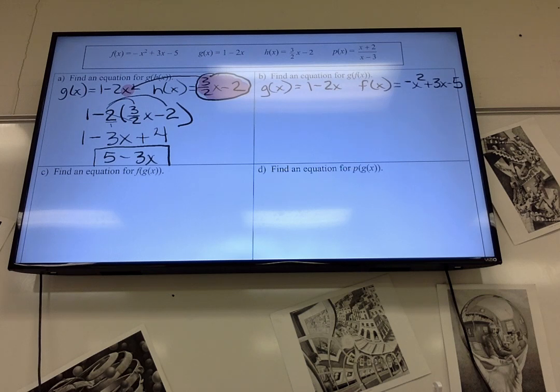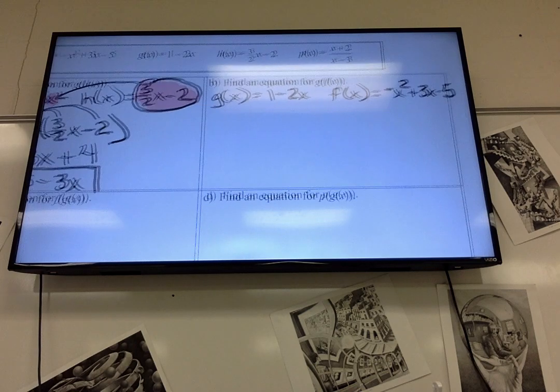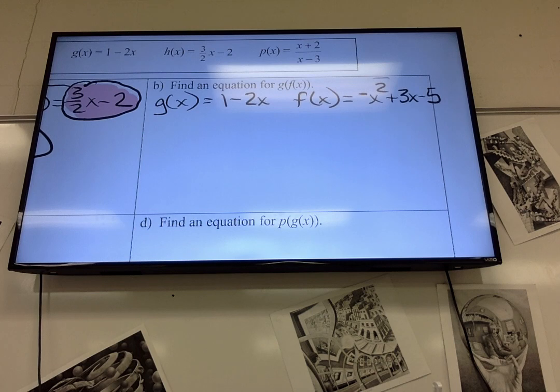I'm going to put f of x, the one that's inside the parentheses, inside the other equation for x. So it may help if you actually write this out. I'm going to take this and I'm going to put it right there. Not times that, in place of that x.